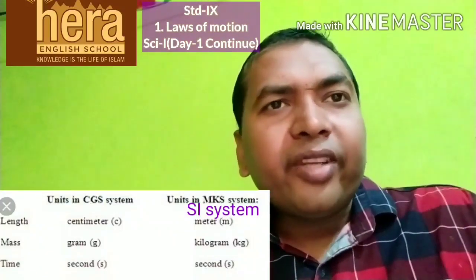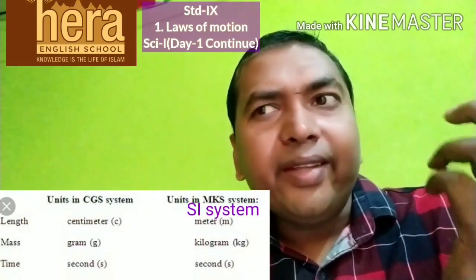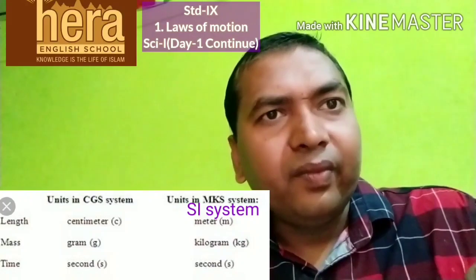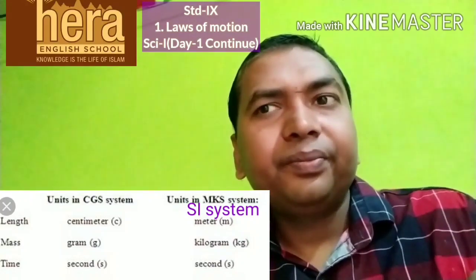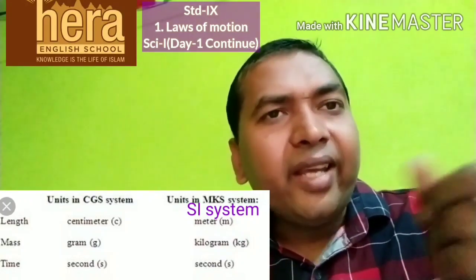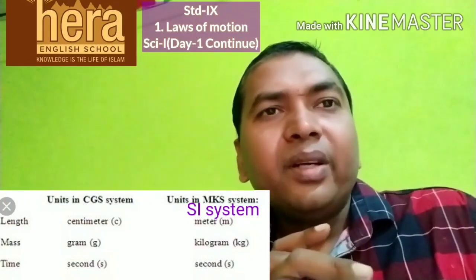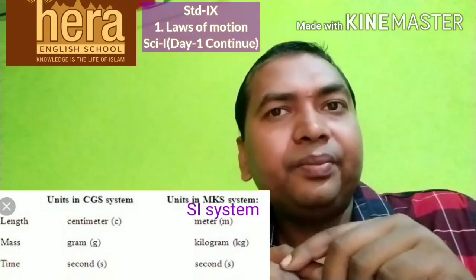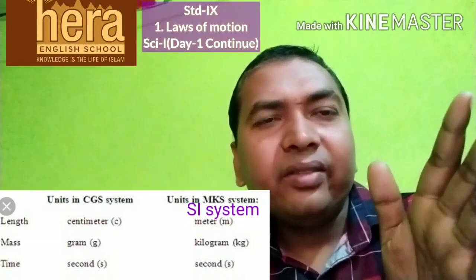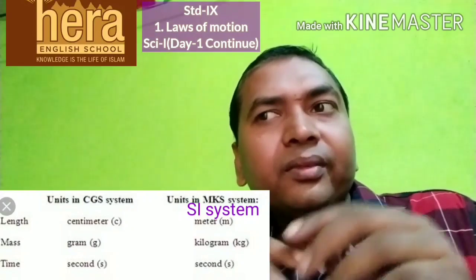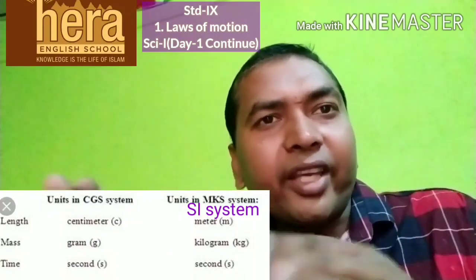Your next concept is the concept of SI and CGS system. In SI system, we measure mass in kilogram, length in meter, time in second.